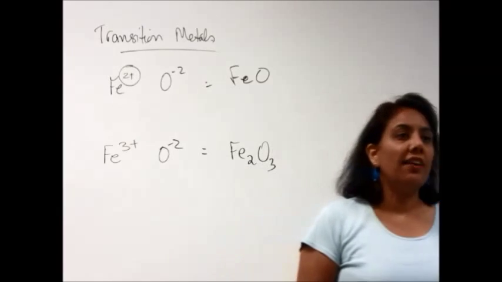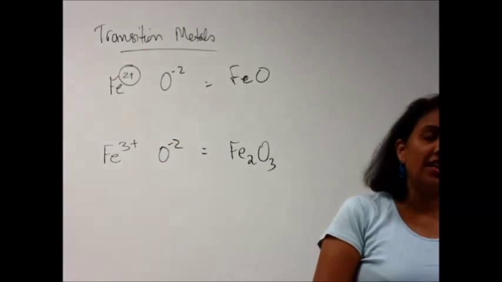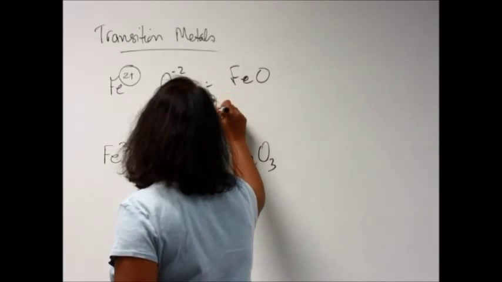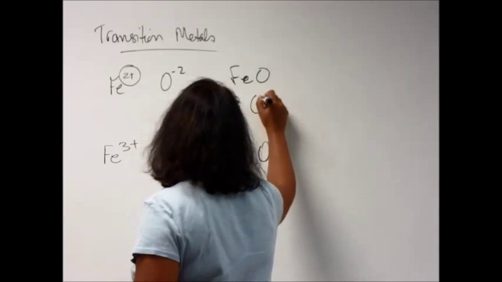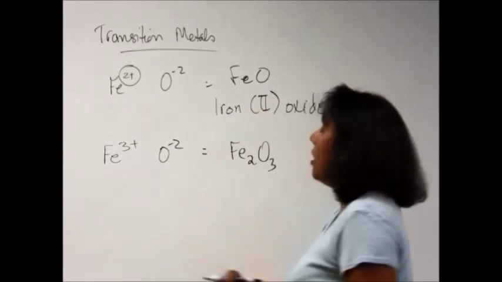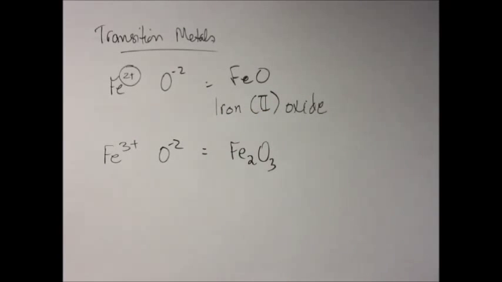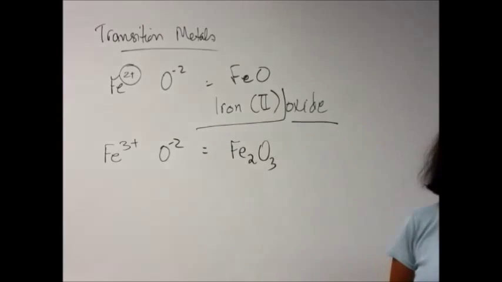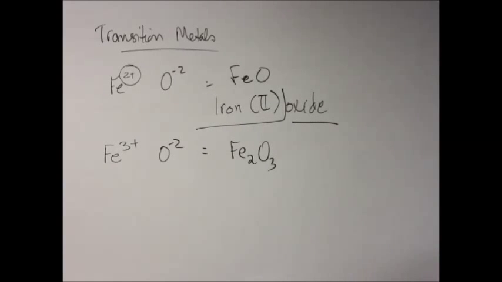So when you have a charge of 2+ for any ion, you go ahead and name that. The way we write this out is iron(II) oxide. Iron(II) belongs together, oxide is separate. Iron(II) tells you that you have the 2+ charge on there.